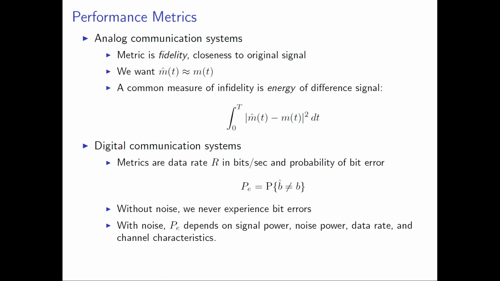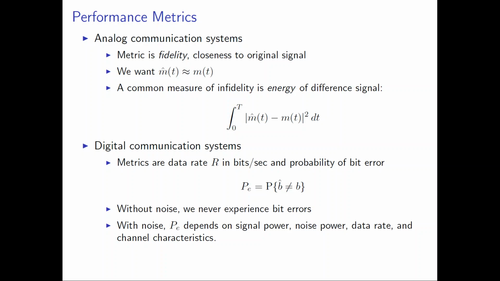Which one is better so far, the one that gives 0.5 or 0.4? 0.4 is better. Why? Because the difference is smaller. The difference is smaller means the received signal is much closer to what you transmitted. It's easier for me to detect it.